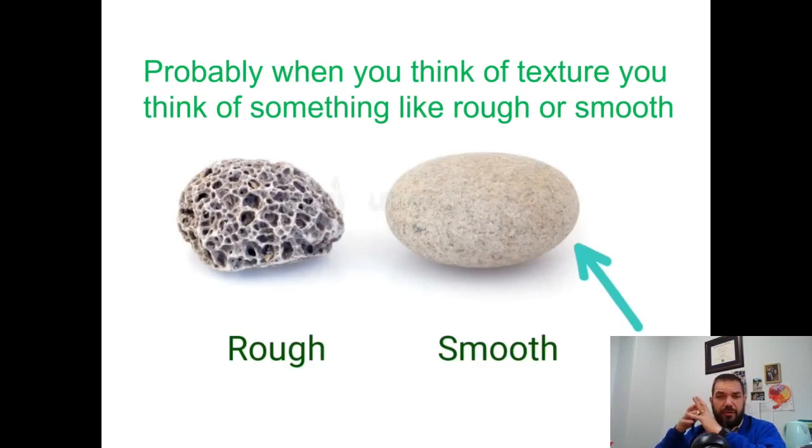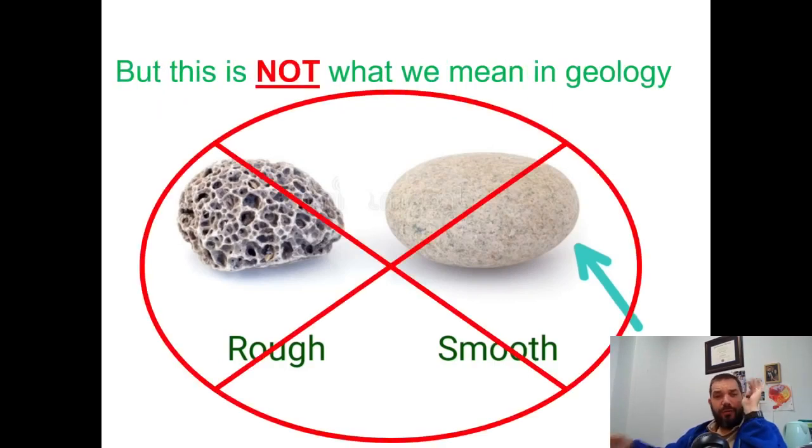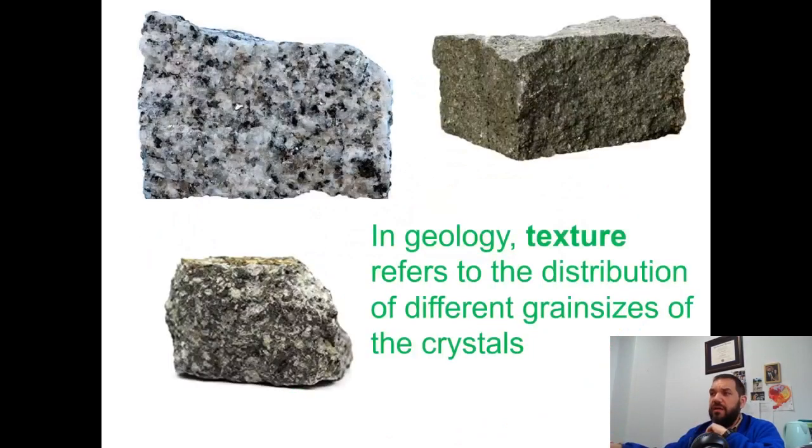I'm sure that when you think of texture, most of you think of whether it's rough or smooth, or how it feels. That has nothing to do with it at all. I want you to banish that from your mind. That never has anything to do with what we're talking about in geology.